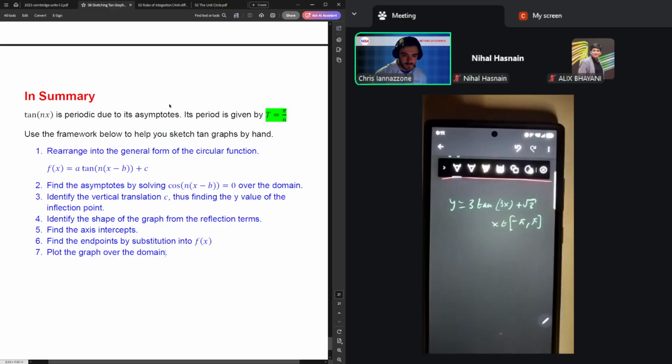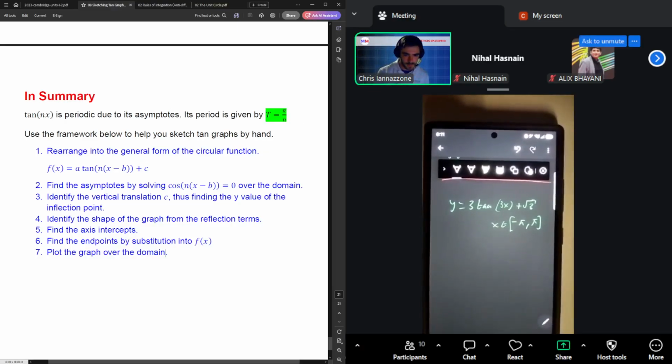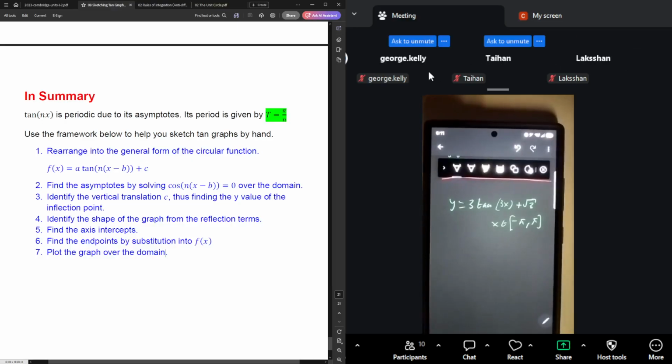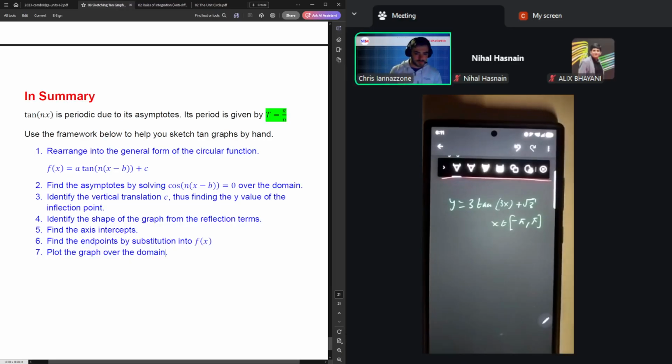Let's have a go at solving it, or sketching it, rather. What are we going to do? Step 1 says rearrange into the general form.